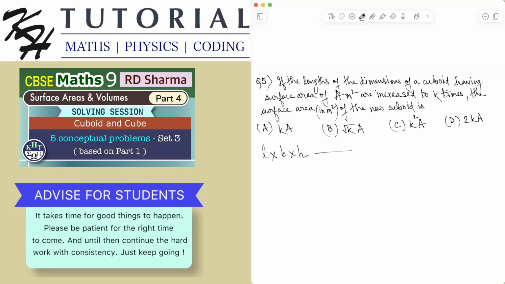All the dimensions, length, breadth, and height, are increased to k times. So the new dimensions become KL by KB by KH.